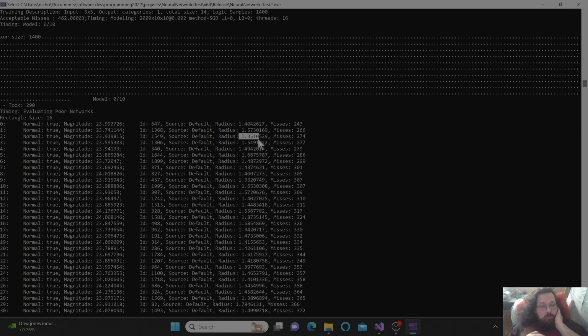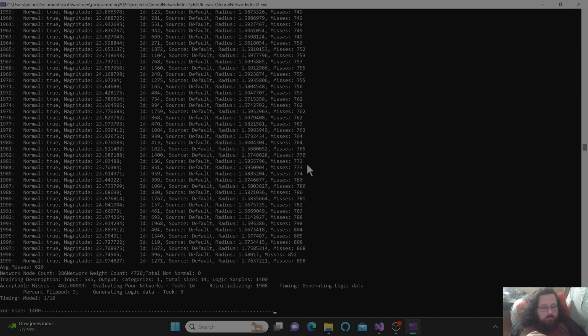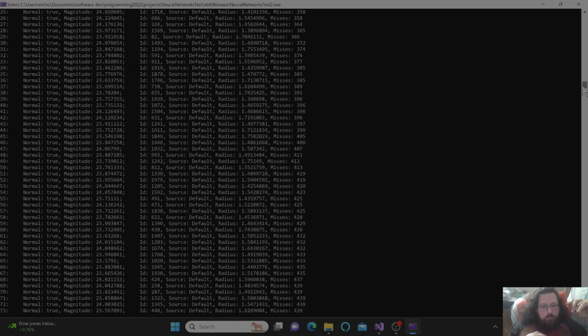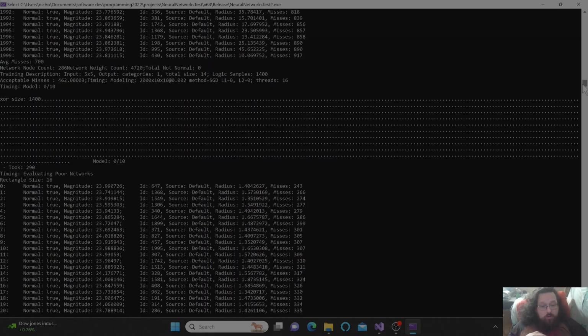This one has a smaller radius, but more misses. Okay, let's go to the bottom. So you could have gotten that network, or you could have gotten this network: 858 versus 243 after 10 trainings.